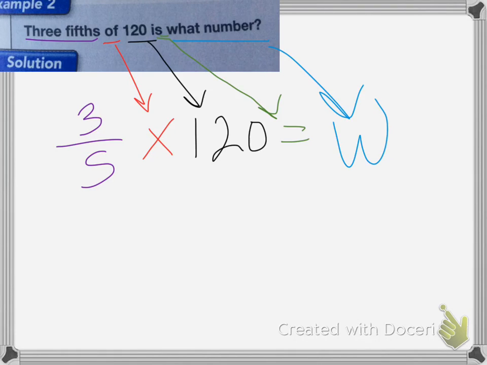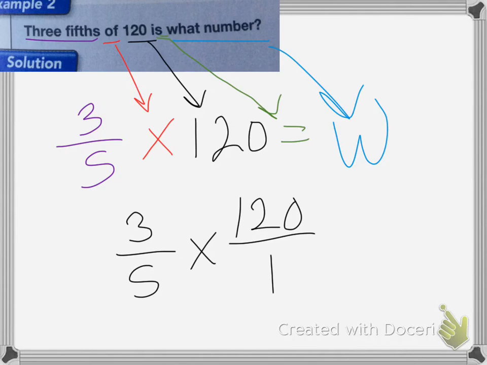What number? So I'm going to multiply these across. 3/5 times 120 over 1. We're going to cancel first. 5 becomes a 1. 120 becomes 24. So I'm left with 3 times 24, which is 72.